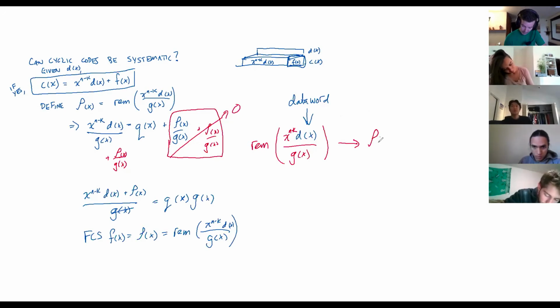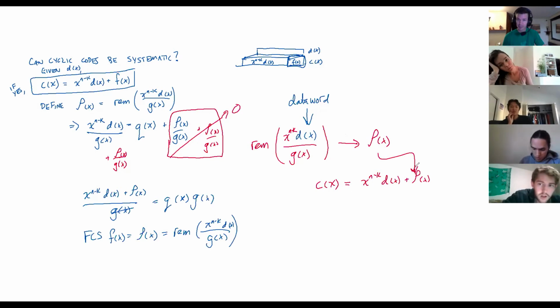That tells me that the code word for this systematic code is going to be x to the n minus k times your data polynomial plus the frame check polynomial that we just got. So the answer is yes, and this is the manner in which you would encode that.